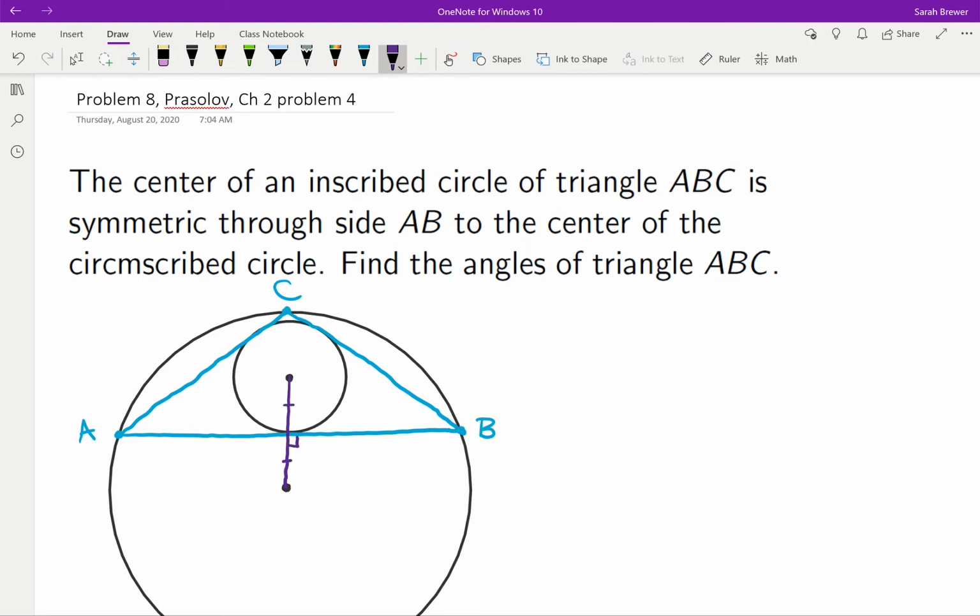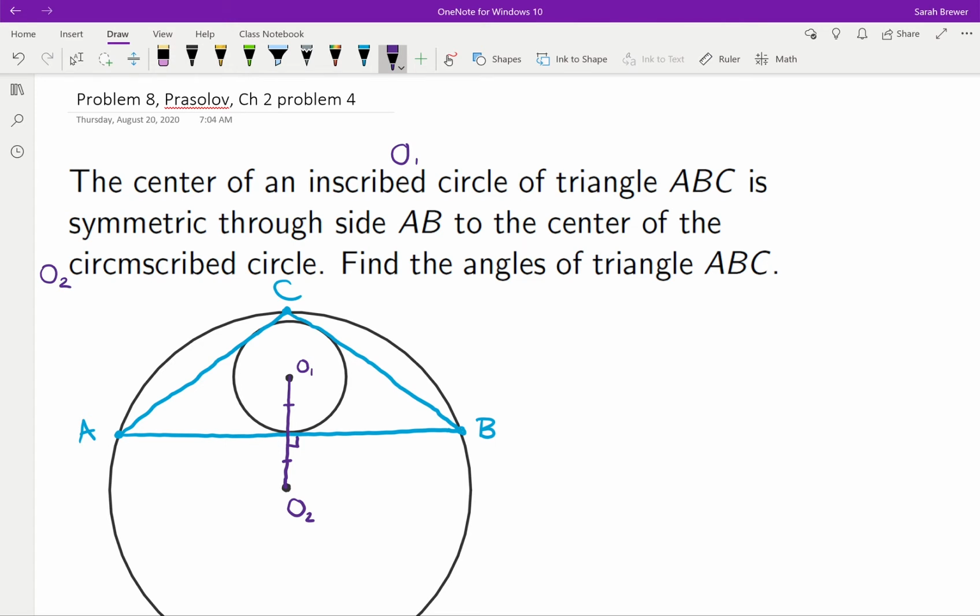So if I give these things some labels, I'm going to call this O1 and I'm going to call this O2. So O1 is the center of my inscribed circle, O2 is the center of my circumscribed circle.